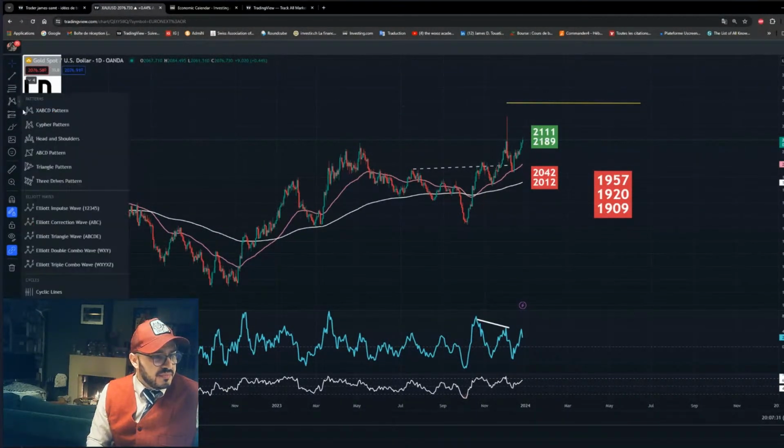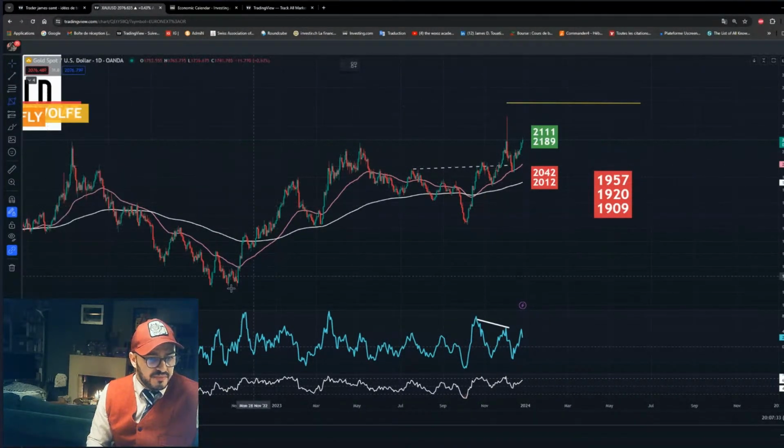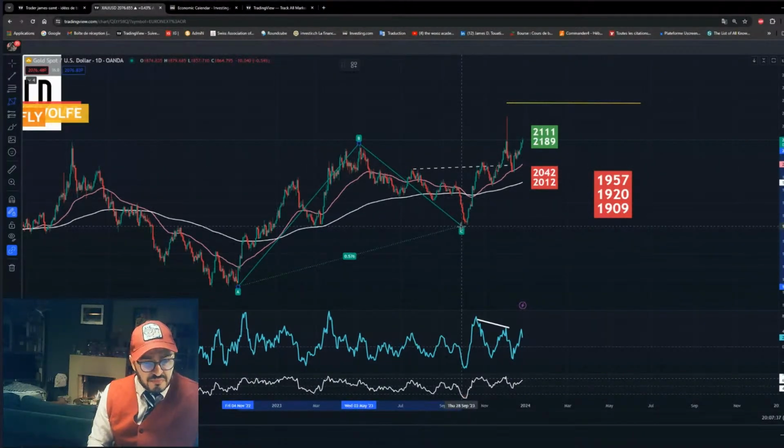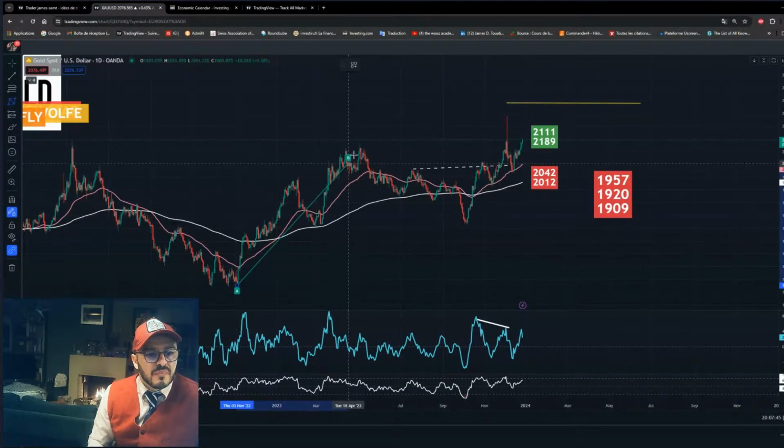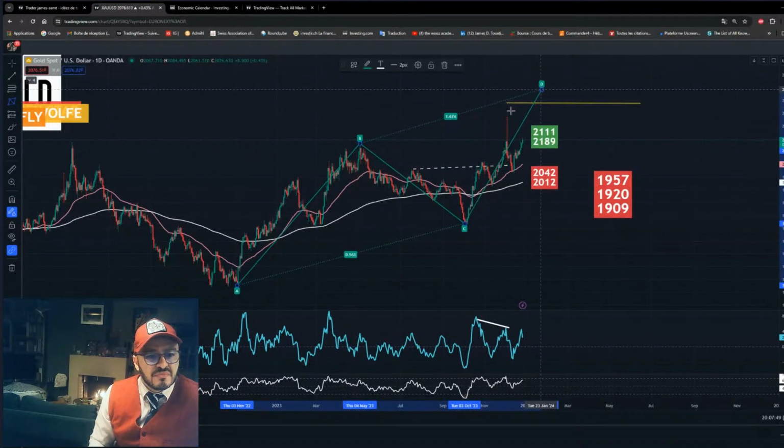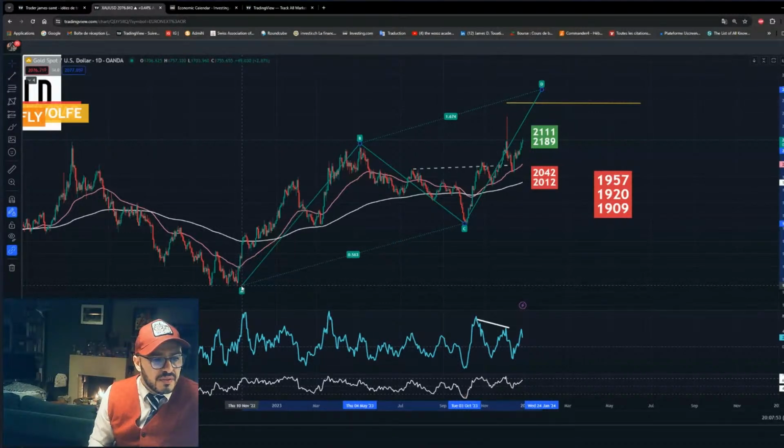Let's try an ABCD pattern. We can have this, for example.